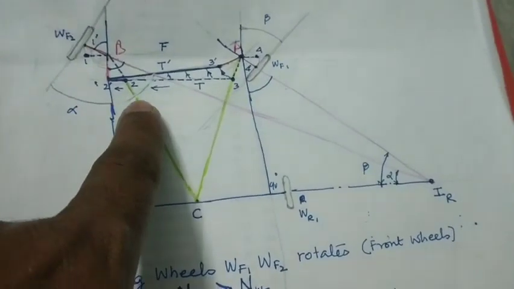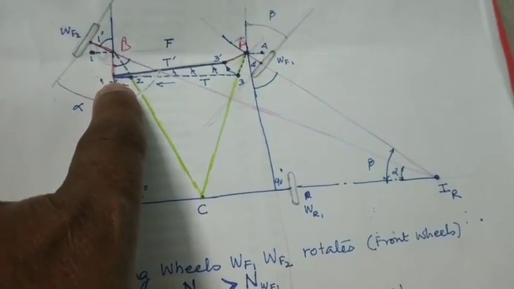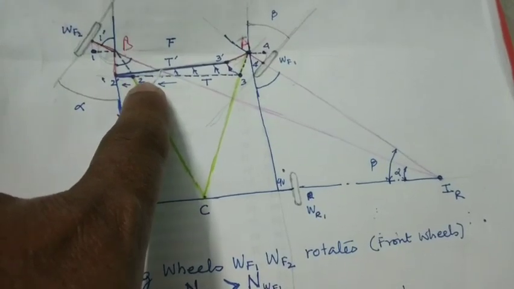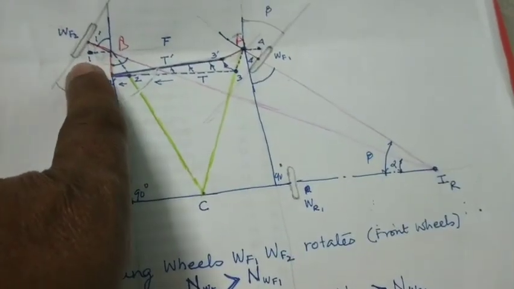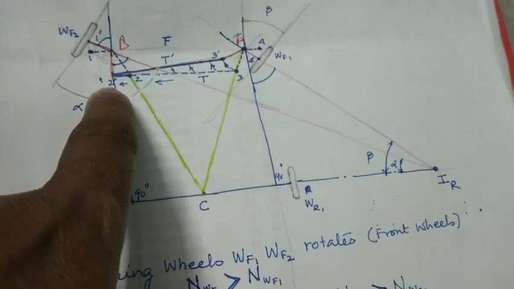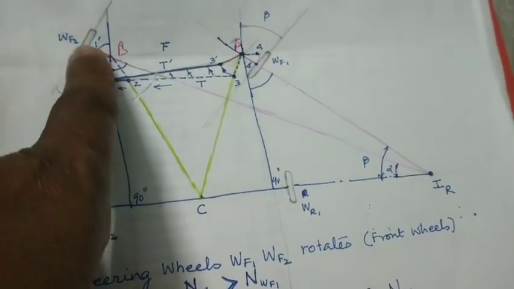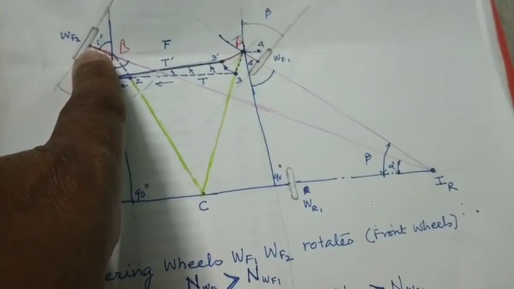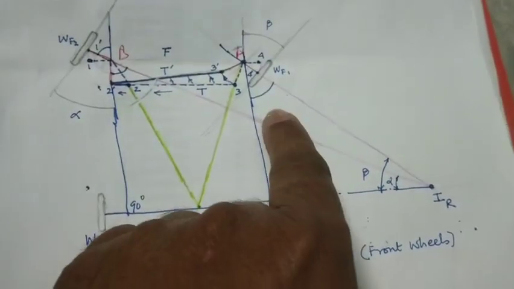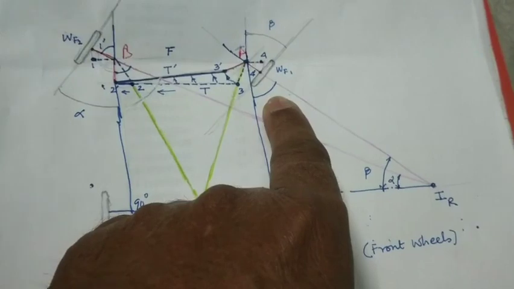Similarly, if the tie rod has traveled from 2 to 2 dash, then 2B1, as it was earlier, has now become 2-B1 dash, and that is why the left front wheel and right front wheel have turned.